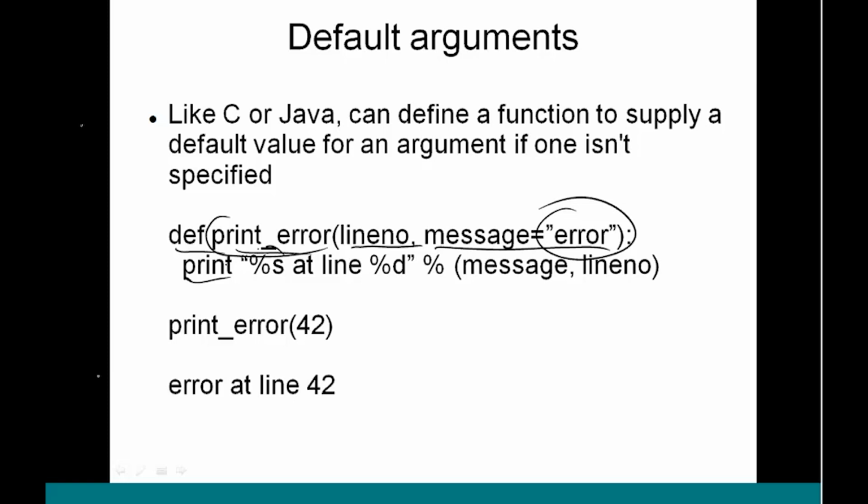Then we just print the error message, error at line number so and so. So when we say print_error(42), it prints error at line number 42. These are predefined values that you can supply into the function.